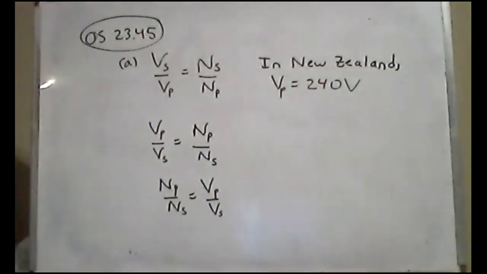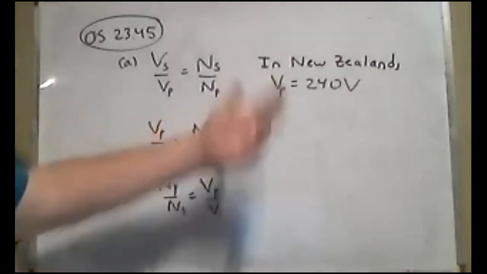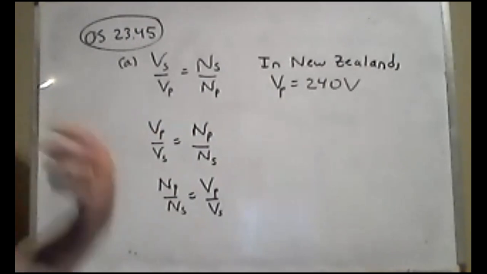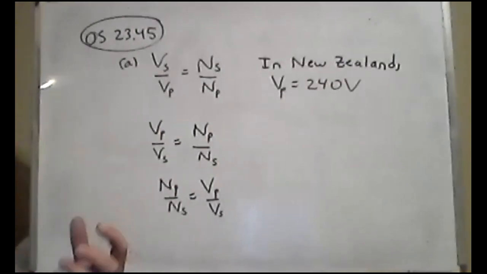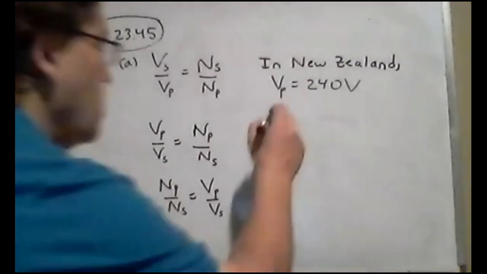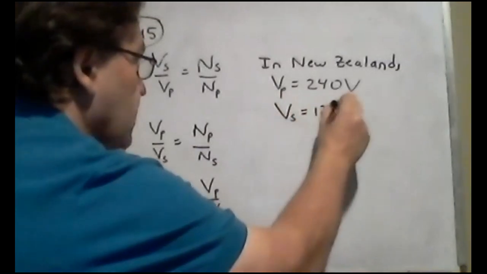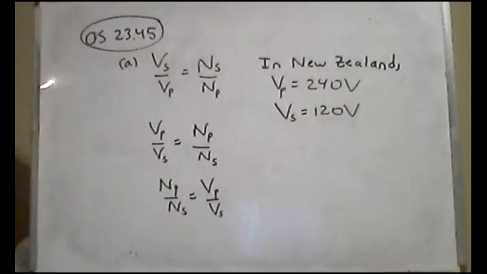But her appliance requires 120 volts. So a transformer will step down the voltage to the level that she needs for her appliances. So her V secondary would have to be 120 volts, because that's what her appliances need.